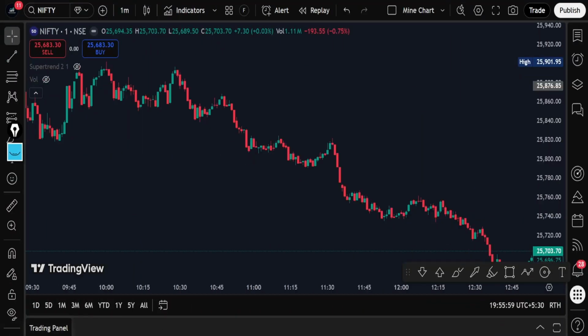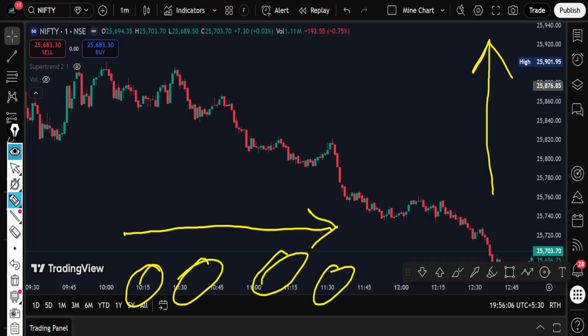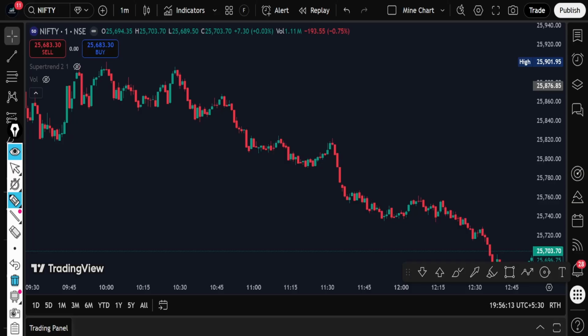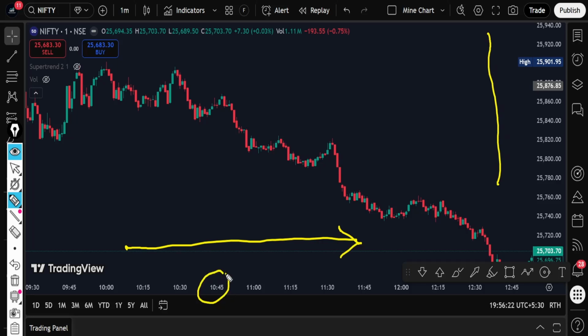Here I have opened the Nifty 1 minute chart for illustration purposes only. If you open any chart, you will see the x-axis and the y-axis. The x-axis shows time and the y-axis shows the prices, and this technical chart is basically a representation of price with time.